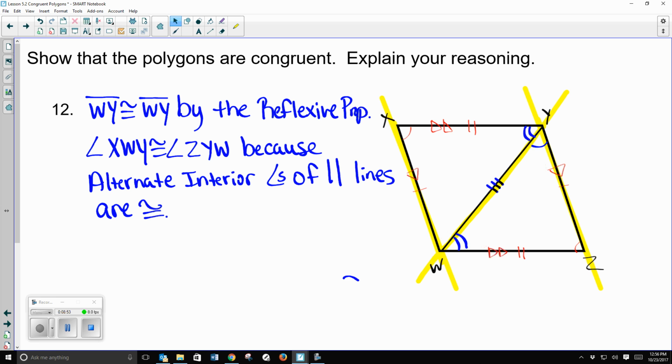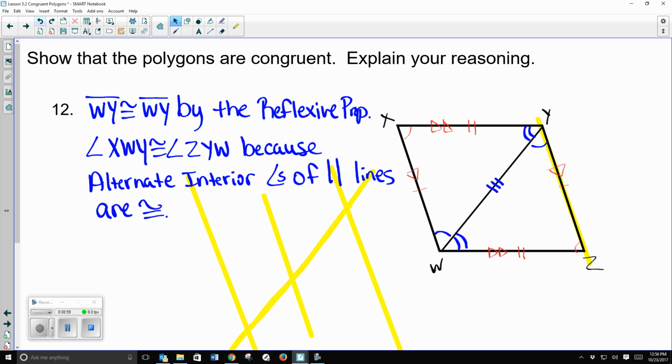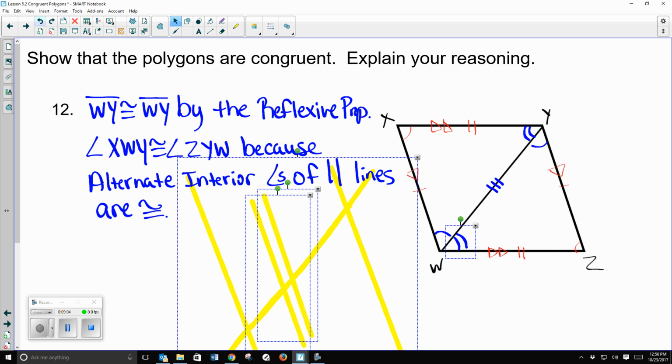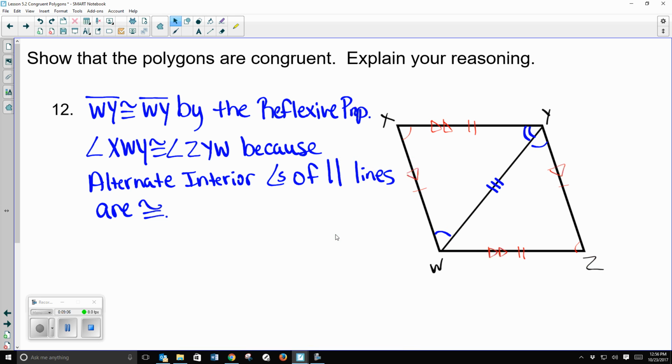See if I can move this out of the way. We have these 2 lines that are parallel, and they're cut by this transversal. Does that make those 2 angles congruent to each other?